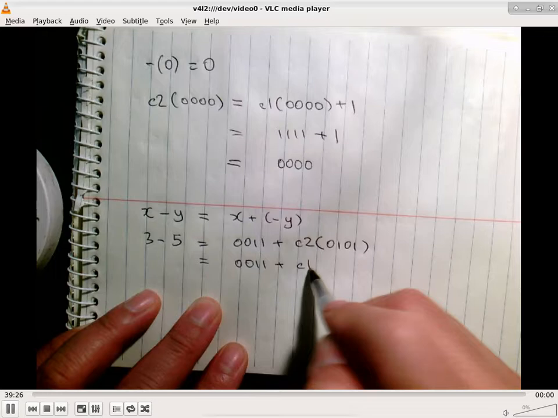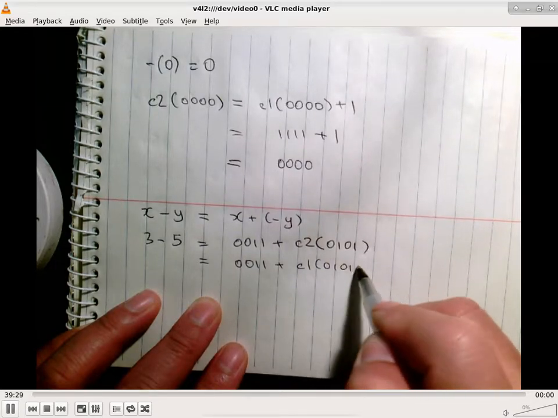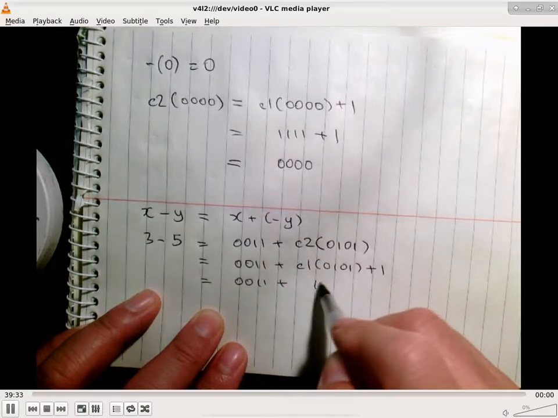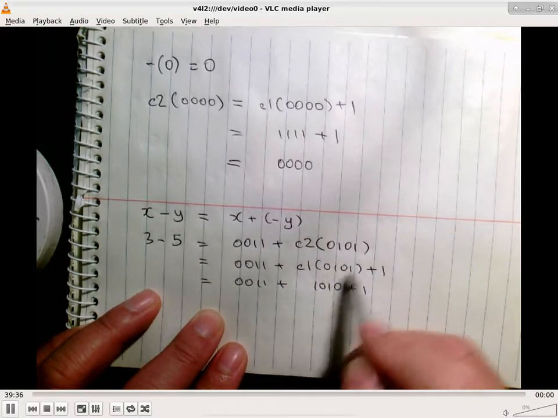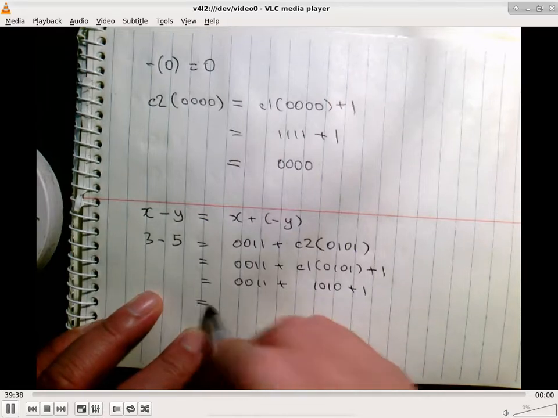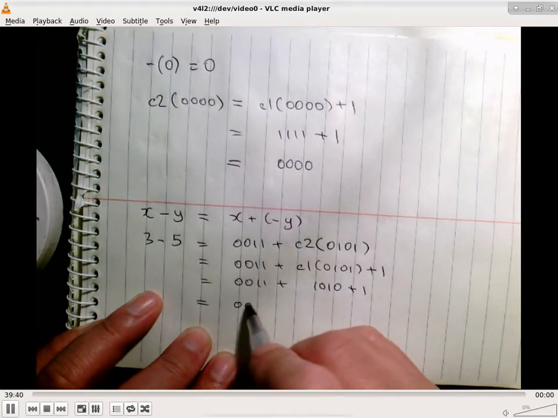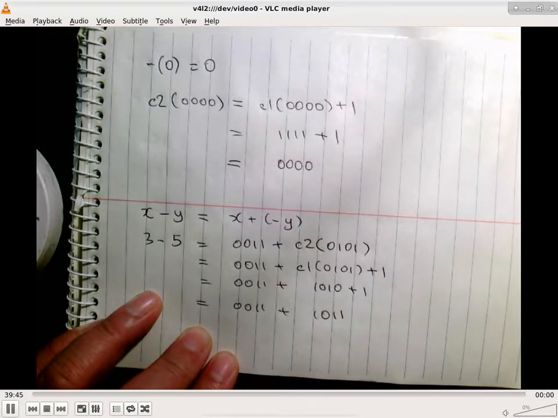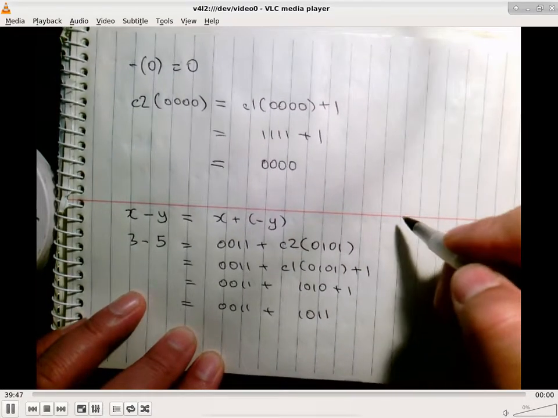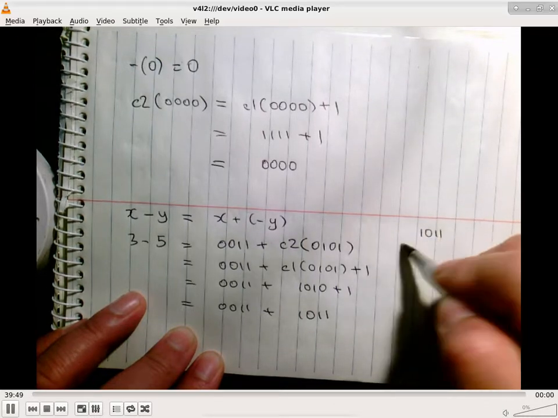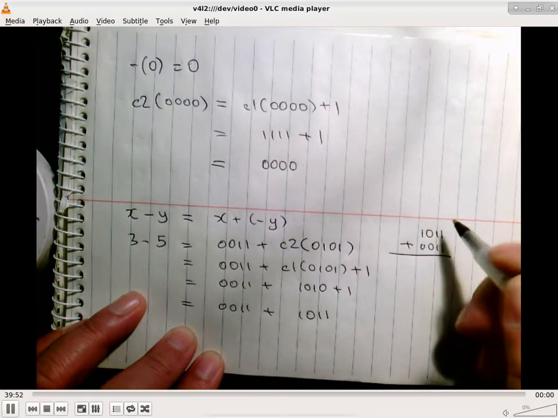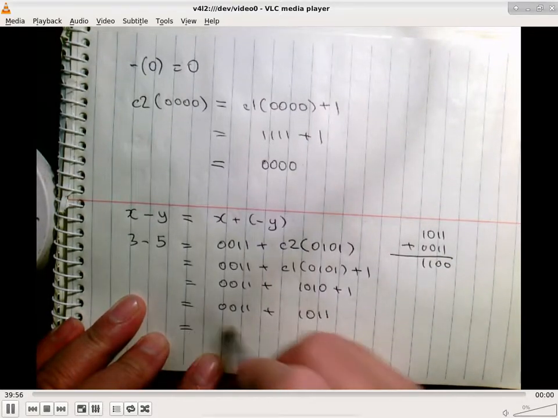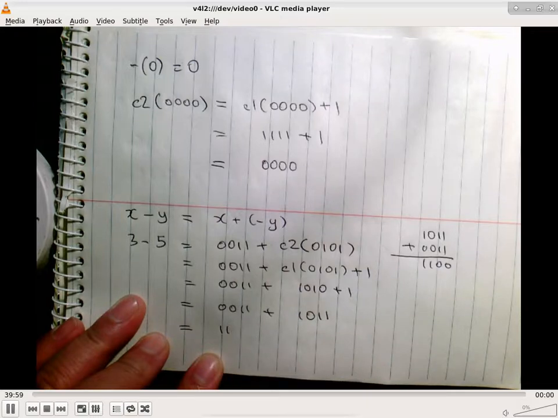So this is 1's complement of 0101 plus 1. And that becomes 1010 plus 1 because that's just the flip side of it. And now we have 0011 plus 1011. Okay, so you add, I'm going to do it on the side here. 1011 plus 0011 gives 1100. Is that right?